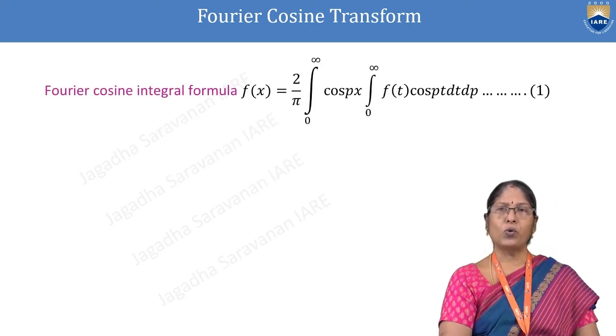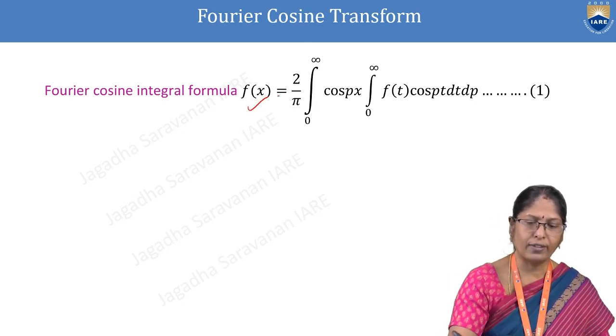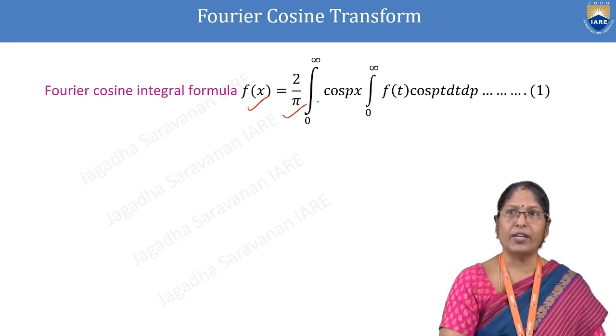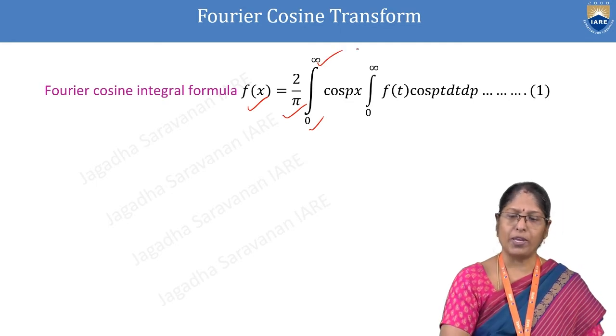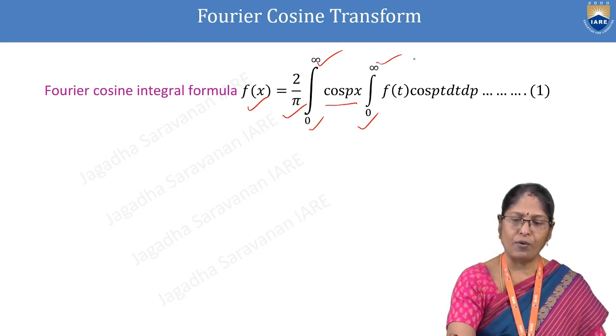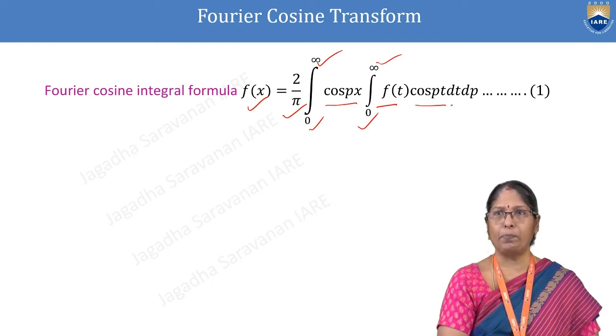The Fourier cosine integral formula is f of x equal to 2 by pi integral 0 to infinity cos px, integral 0 to infinity f of t cos pt dt dp.